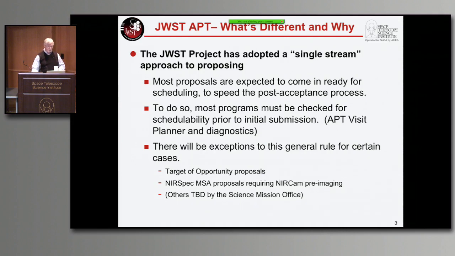Another variety of that will be the NIRSpec multi-shutter array proposals, the spectroscopy proposals that need to know the details of the position angle on the sky that the observation will be made before they can provide the details for the planning. Again, there will be a phase 1 version of this where you have to put in prototypical observations and then put the details in later.